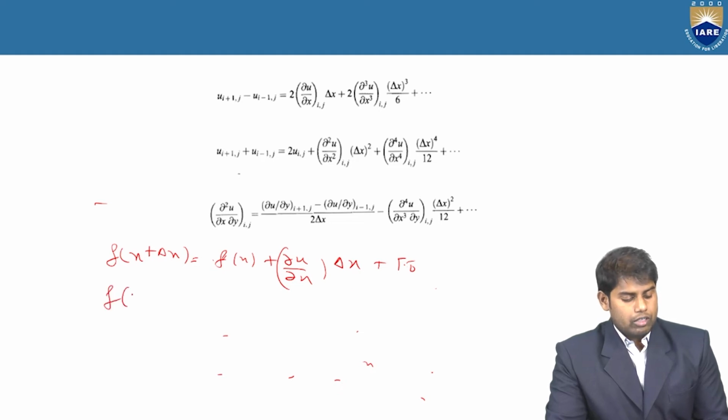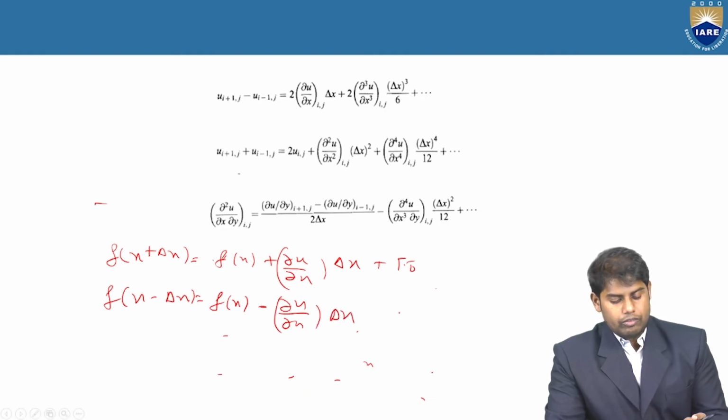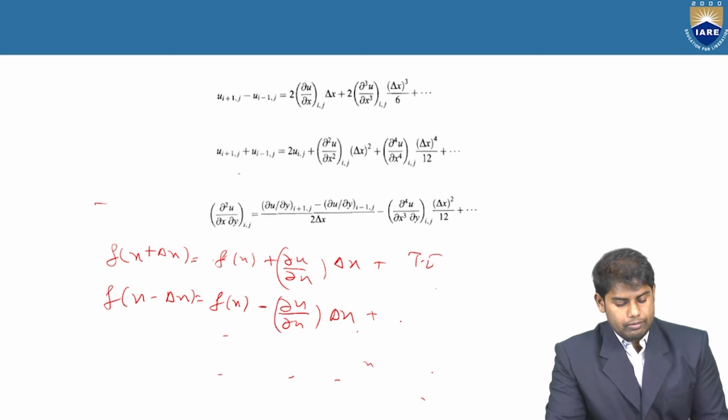And f of x minus delta x will be equal to f of x minus dou u by dou x into delta x, plus the truncation terms. So we have these two equations.